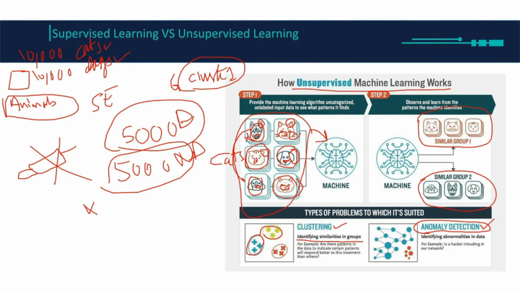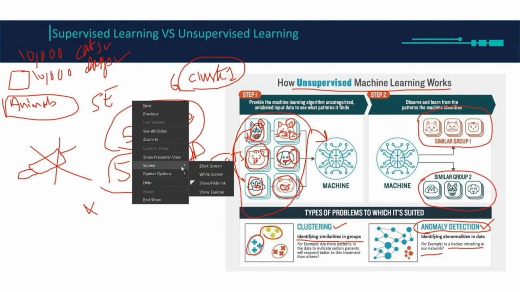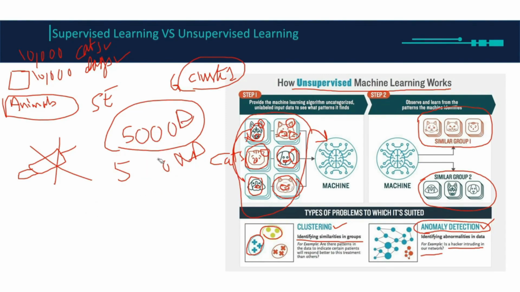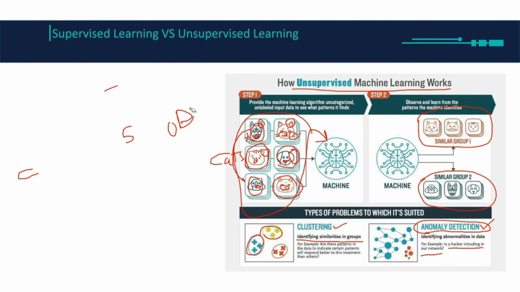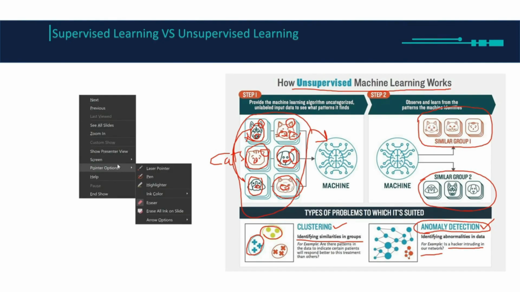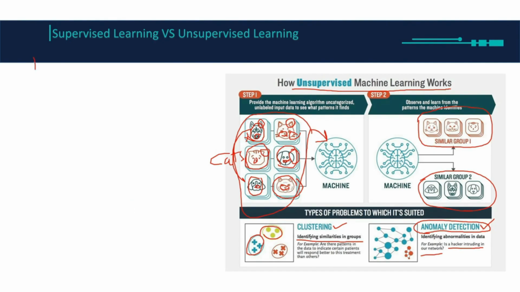Anomaly detection basically means, is a hacker intruding into our network? Let's say I work in a company, okay, and let me just clear this up. So let's say I'm working as a network admin in a company, and I have a bunch of departments.